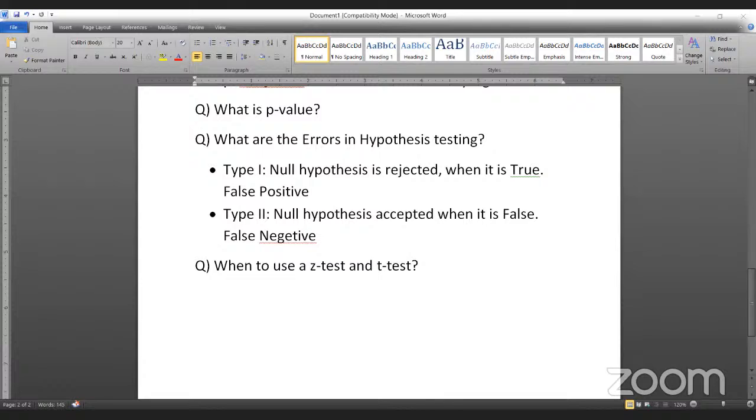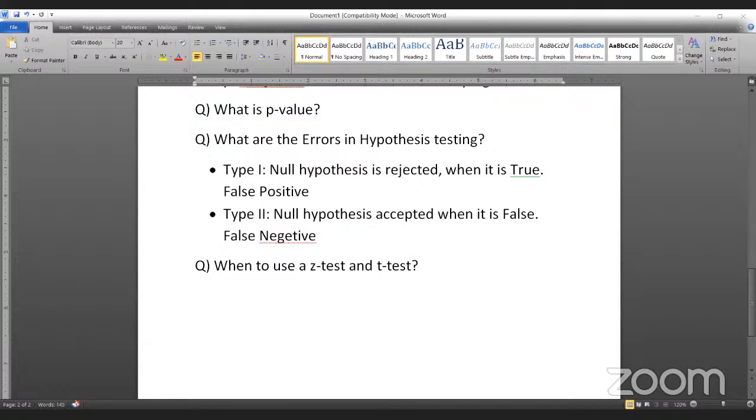A z-test is used for hypothesis testing in statistics with a normal distribution when the sample is very large. It is used to determine the population variance in case the sample is very large. And a t-test is used with a t-distribution, and it is used to determine the population variance when we have a very small sample size. So it depends on the sample size.